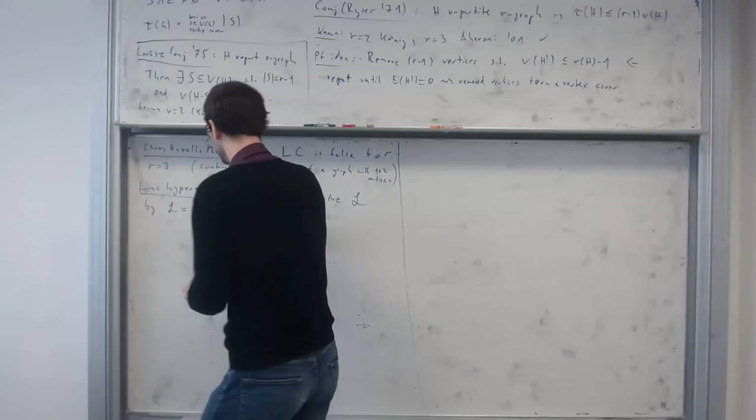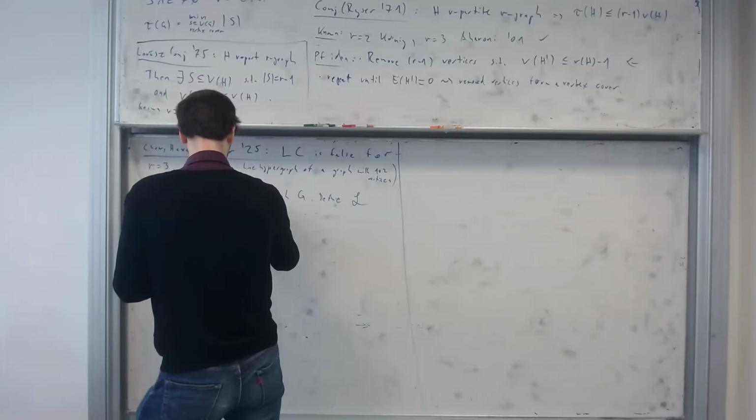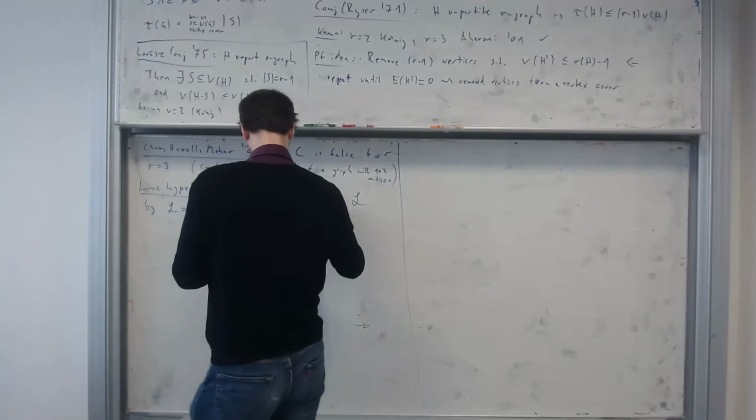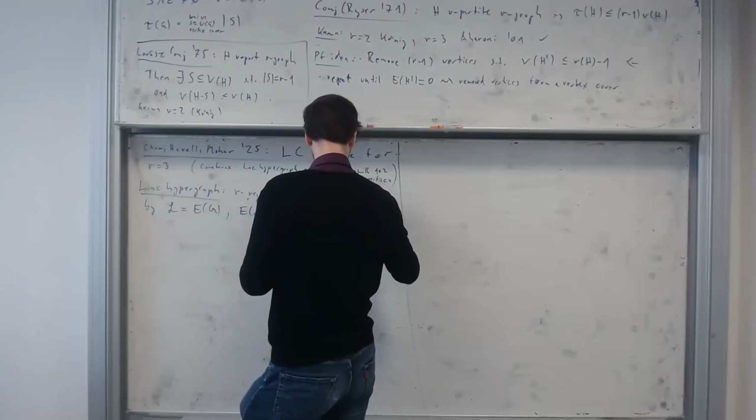So the edges of G will become the vertices in the hypergraph. And now the edge set of L are all incidence sets to the vertices V in G.